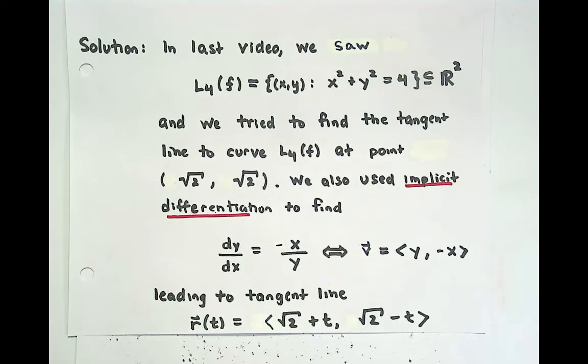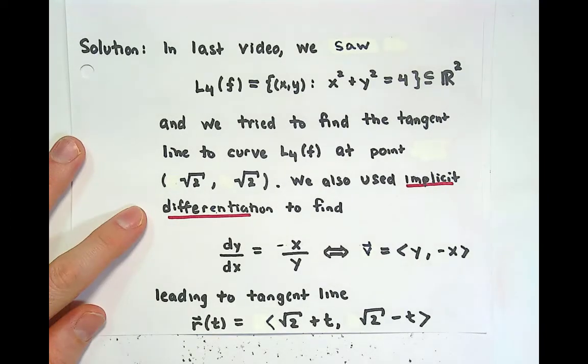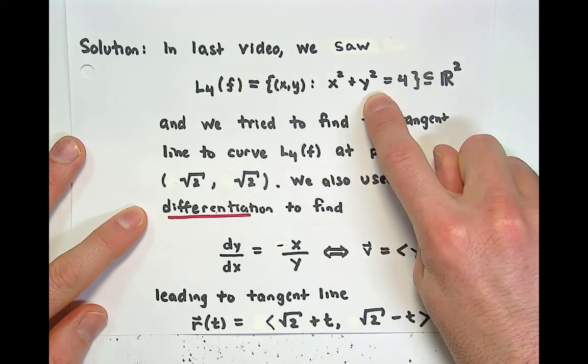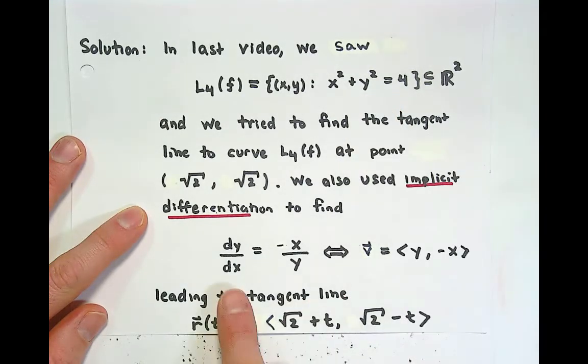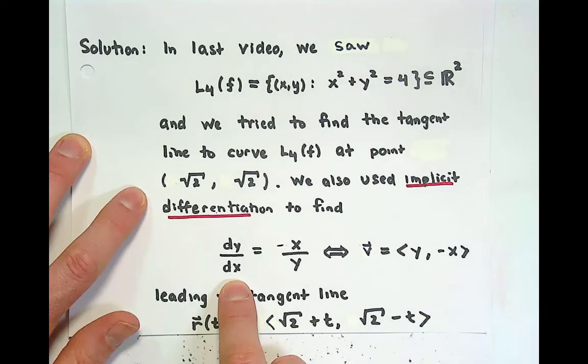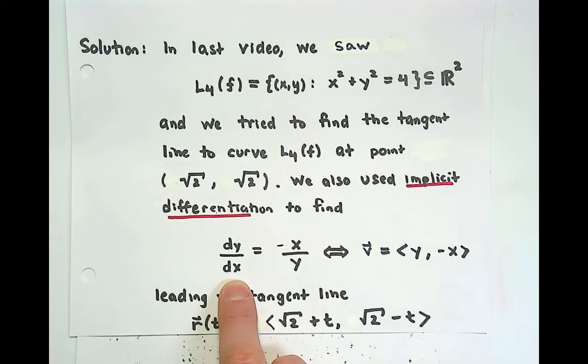We saw that in general, if we wanted to get the tangent line to this curve, we needed the slope of the tangent line, which of course is the derivative, and we use the technique of implicit differentiation from Math 1a to find at any point x, y, the slope of the tangent line is negative x divided by y.